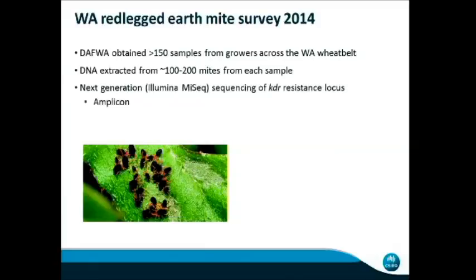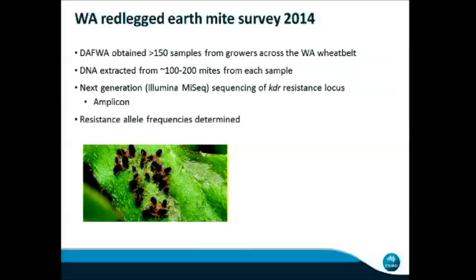We used amplicon sequencing, so in this case that's not whole genome sequencing, that's focusing in again on that locus that we know is involved in resistance, and that gave us frequencies of resistance, but it also gives you the actual sequence. And using that, we were able to find two different resistance mutations at the same locus. They both encode the same amino acid change, so they both are phenotypically the same, we think, but they are different genetic mutations, different base pairs.